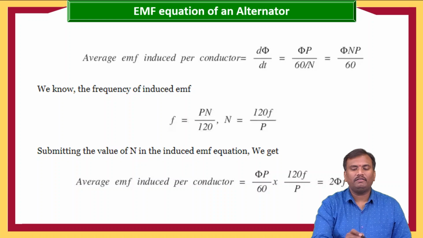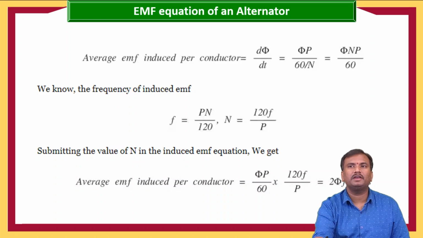So here average EMF induced per conductor is equals to d phi by dt. Here d phi we have calculated phi into P divided by dt is equals to 60 by N, which is equals to phi N P by 60.